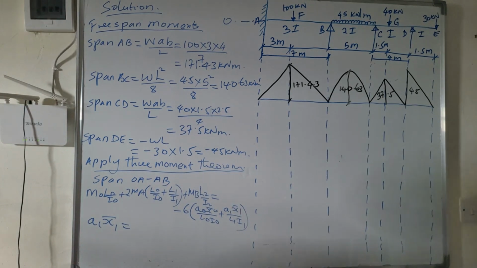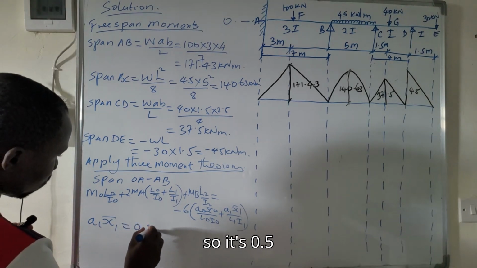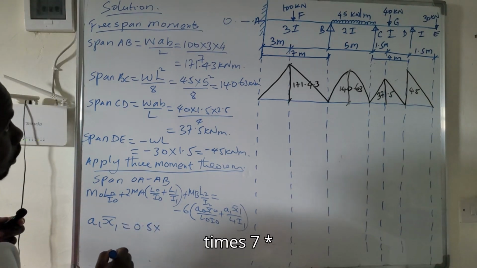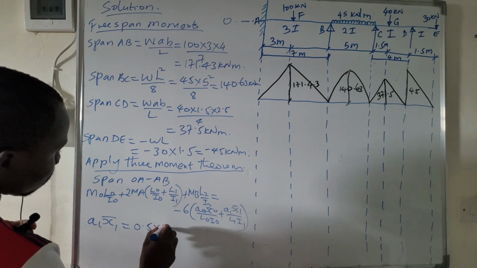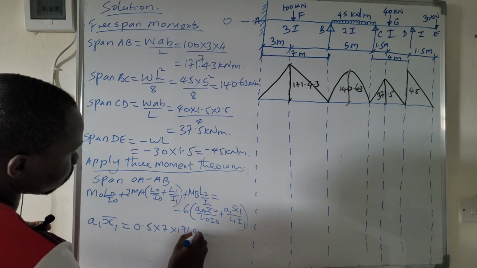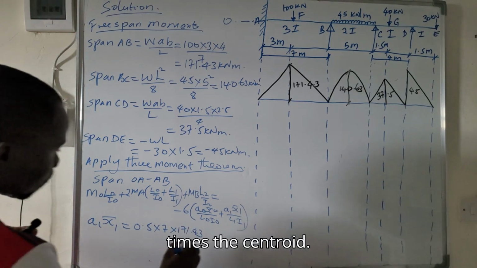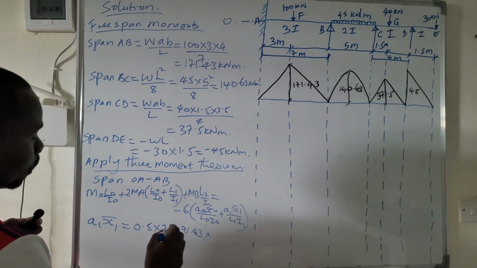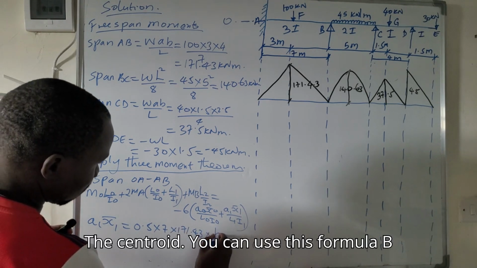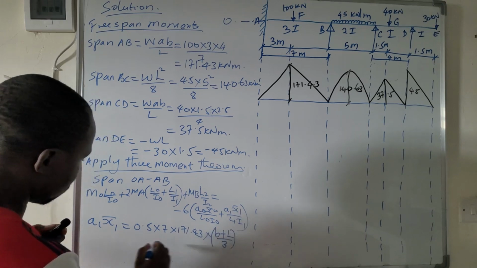The area is a half base times height, so it's 0.5 times 7 times 171.43 times the centroid. The centroid, you can use this formula B plus L over 3.